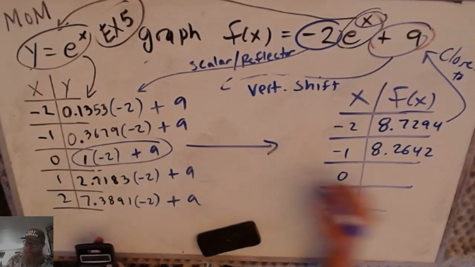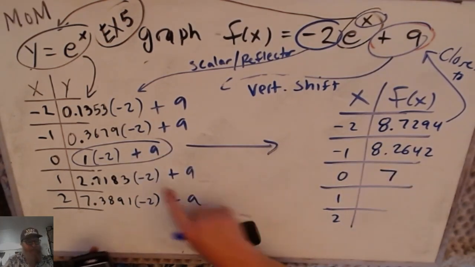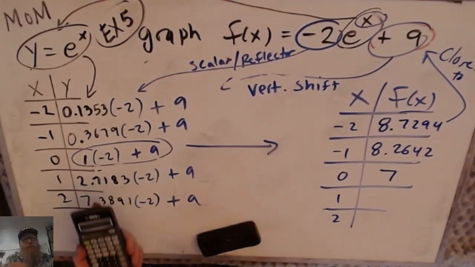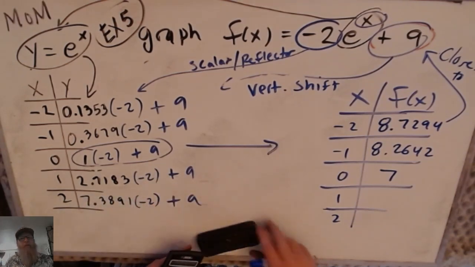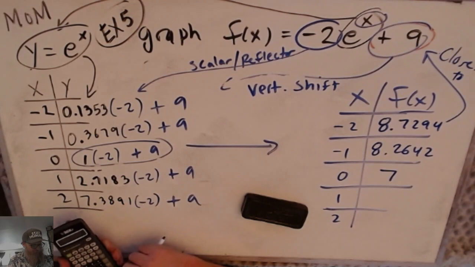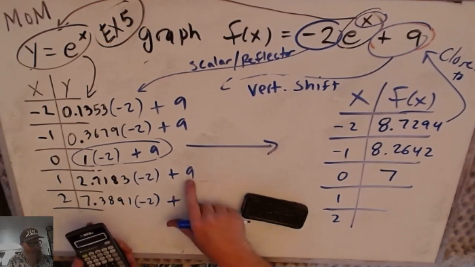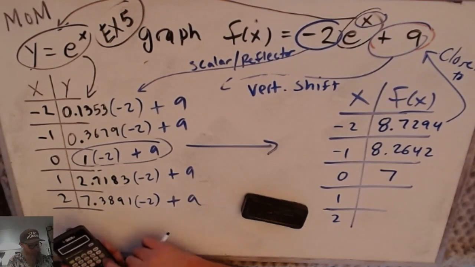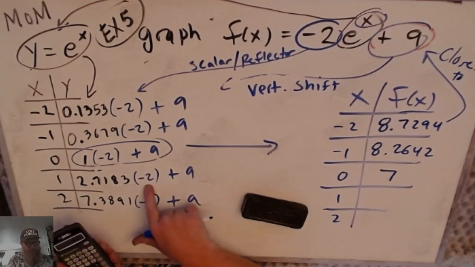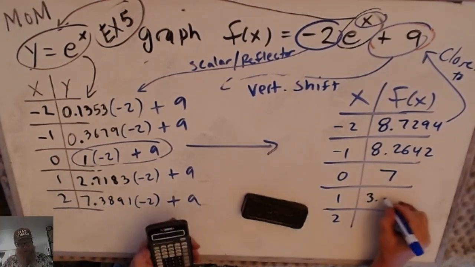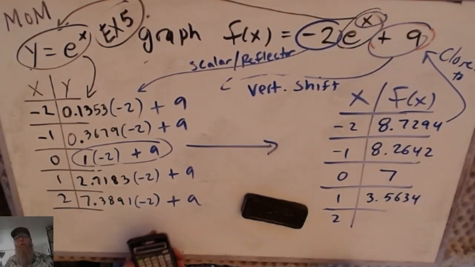This middle row, you don't need a calculator for. That one's just going to be 7. Yeah, -2 plus 9. You can do it on the calculator if you really want, but you don't have to. How about this one? 2.7183 times -2, and then plus 9. 3.5634.